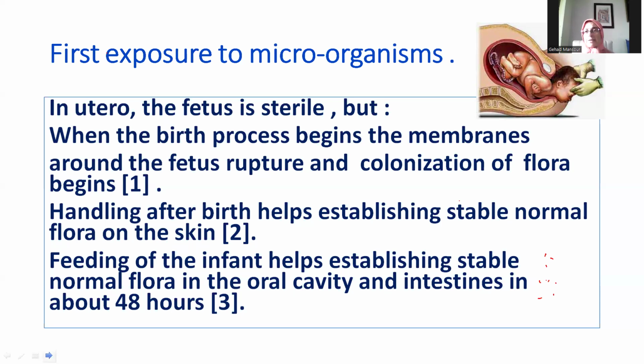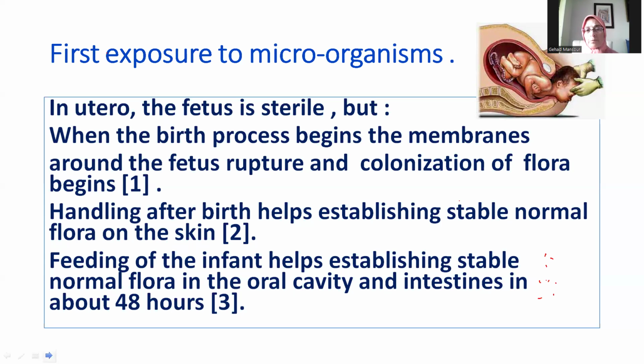So when the membranes around the fetus rupture and there is this gush of fluid, the fetus passes from the uterus through the vagina, and through the vaginal wall, it acquires a lot of friendly flora that find their way first on the skin of the fetus, and then they stabilize themselves there. So this is the first way we acquire skin flora.